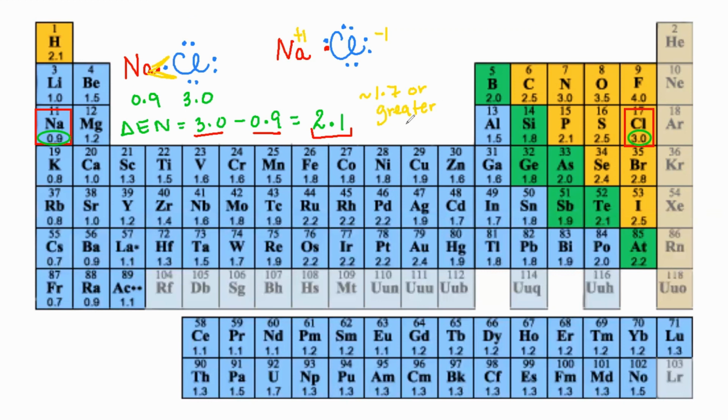So again, a difference of 1.7 or greater would indicate an ionic bond. And ionic bonds occur between a metal and a non-metal atom. And we can see over here how sodium is a metal and chlorine is not.